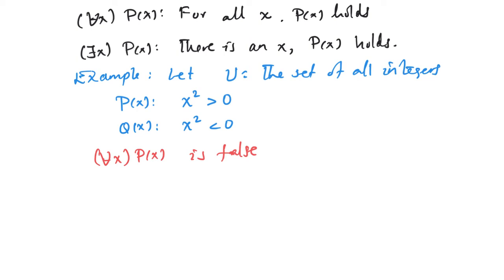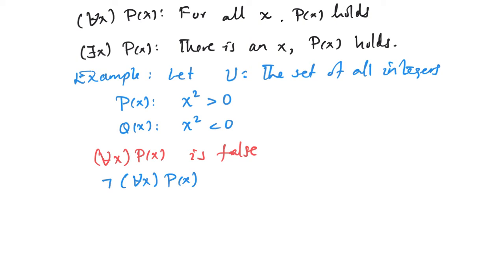Because of that single number, this universal quantifier is false. Because this universal quantifier is false, its negation is true. So the negation of for all x, p of x is true.